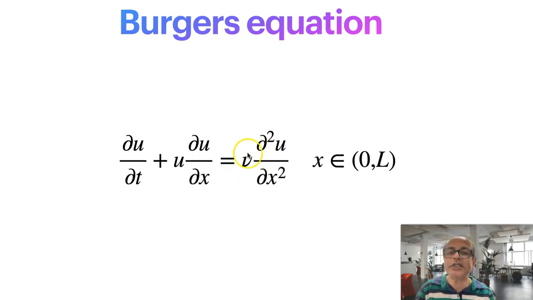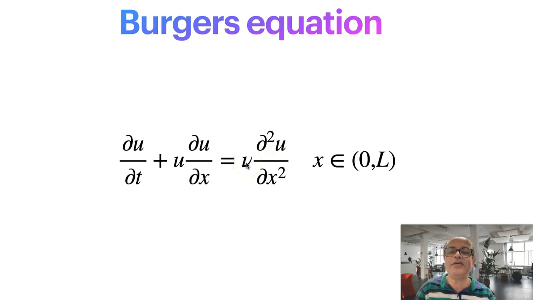So viscosity nu, I can control that. So if I set viscosity nu equals 0, I can say that all terms are equivalent. Kind of I can say the order of magnitude for the first term, order of magnitude for the second term, and order of magnitude for the last term, which is on the right hand side, will be the same if I set nu equals 0.